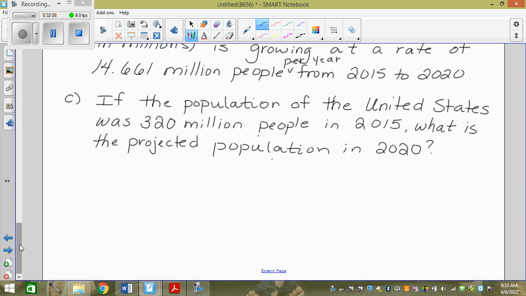If we were just doing this mathematically, pretending there's no calculus involved, what numbers would we add to get the final population in 2020? 320 plus the rate of change per year times 5. So we take the population in 2015 plus the changing rate per year from 2015 to 2020. So the way we write it, because we are in calculus, is we're going to go.